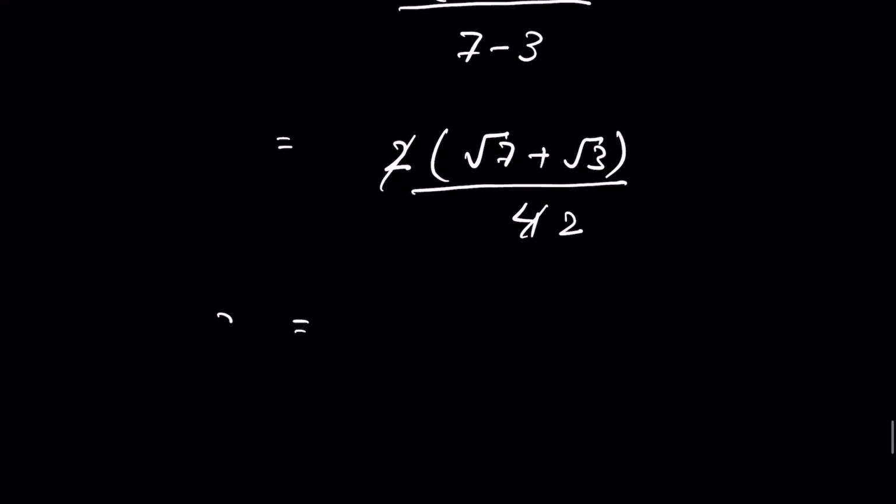So answer is x is equal to square root of 7 plus square root of 3 upon 2.